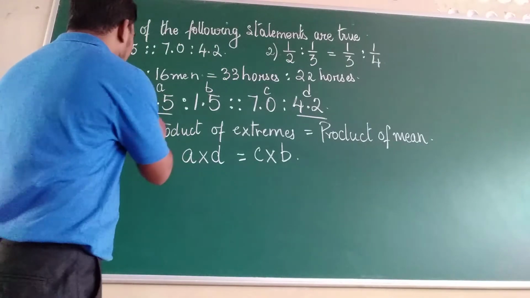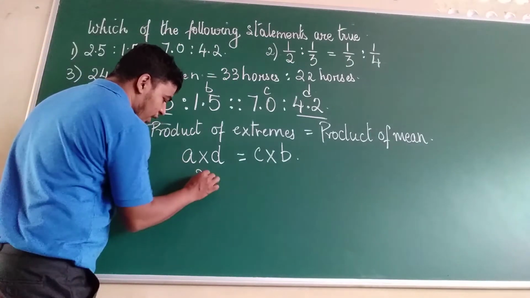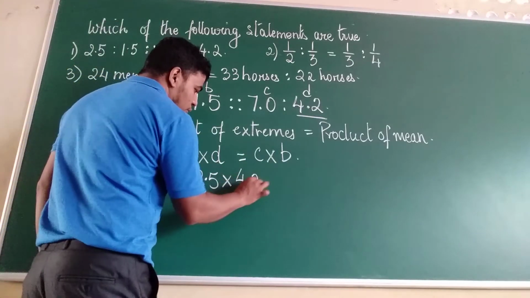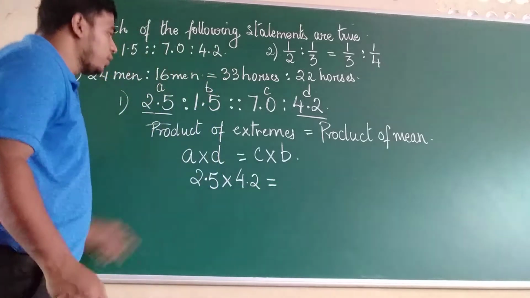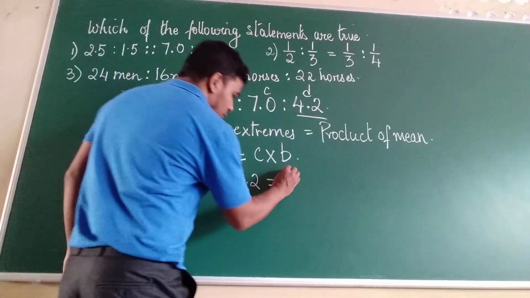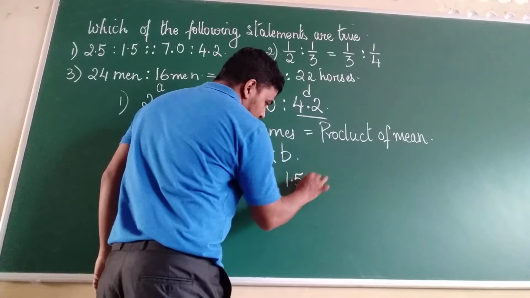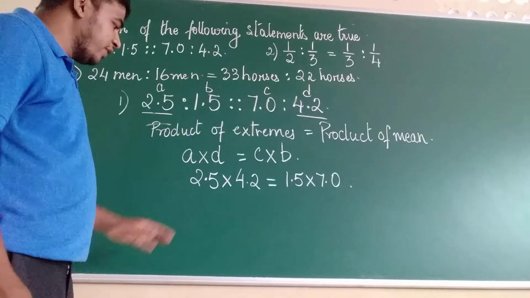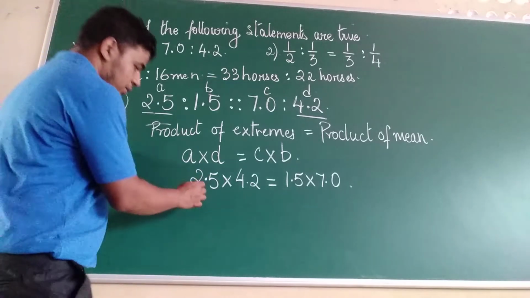So let us take A into D. So 2.5 into 4.2 is equal to B into C, 1.5 into 7.0.